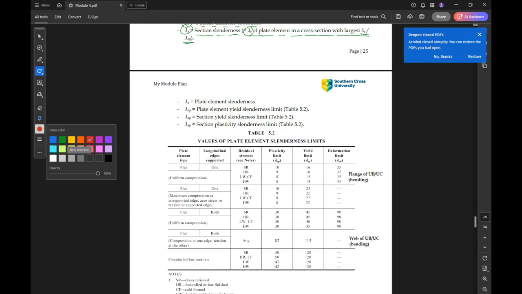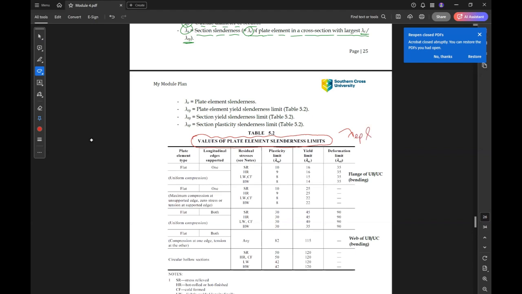Just to repeat this part again quickly, these are the values of the slenderness limits lambda E plastic and lambda E yield. For uniform compression for hot rolled members, we have lambda EP 9 and lambda EY 16. This can be used for the flange of UB and UC sections in bending.